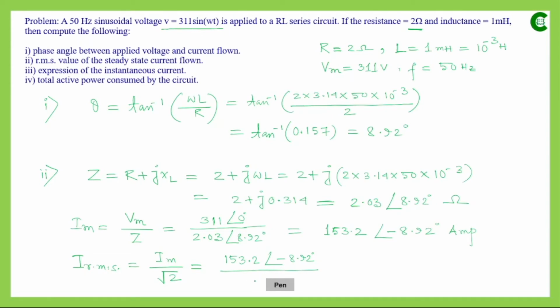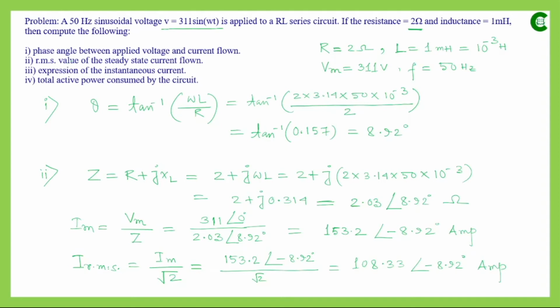Finally, this RMS value of the current we will get as 108.33, and angle wise that will remain the same, which is minus 8.92 degree, and the unit will be ampere. So the RMS value of the current will be this value.